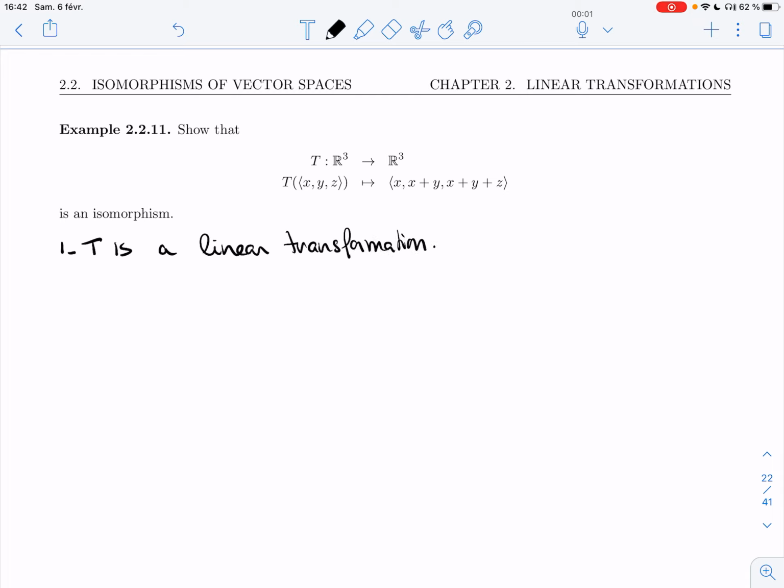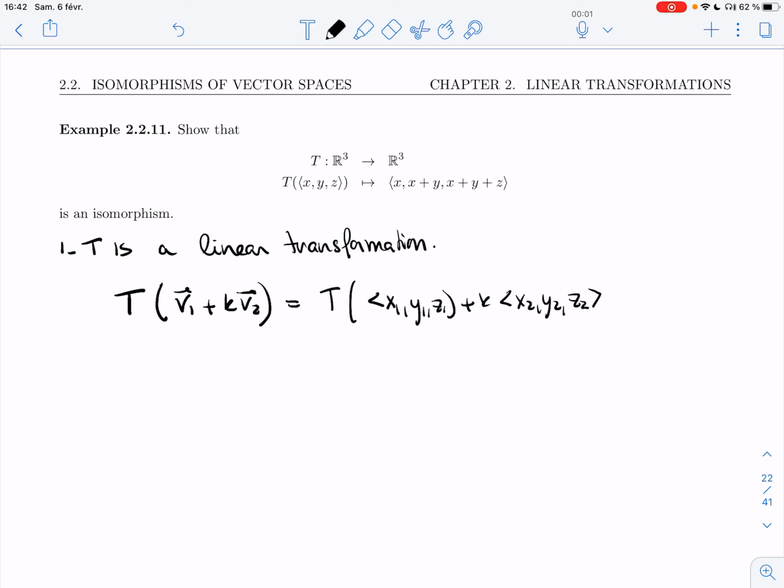So we'll do it in one step. I'm going to take T of v1 plus k v2. I'm putting arrows because these are vectors. So that would be T of (x1, y1, z1) plus k (x2, y2, z2). That's T of (x1 + k x2, y1 + k y2, z1 + k z2).